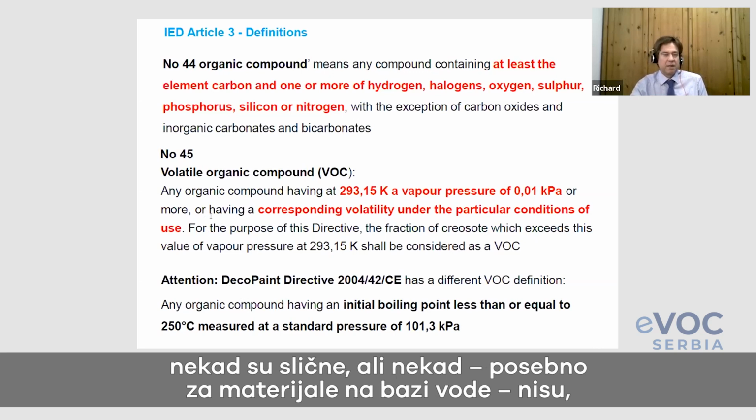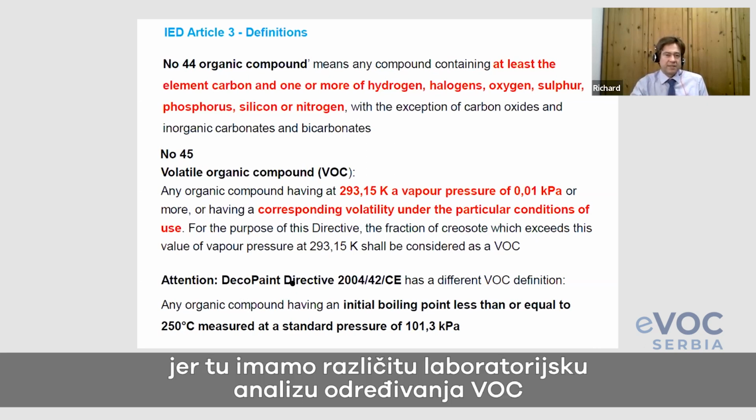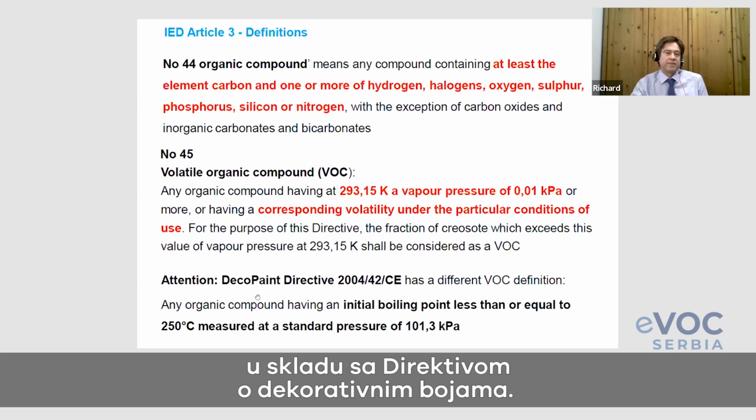Sometimes they are very similar, but especially for water-based materials, it is not the same, because it is a different laboratory analysis for how you determine the VOC content based on the Deco Paint directive.